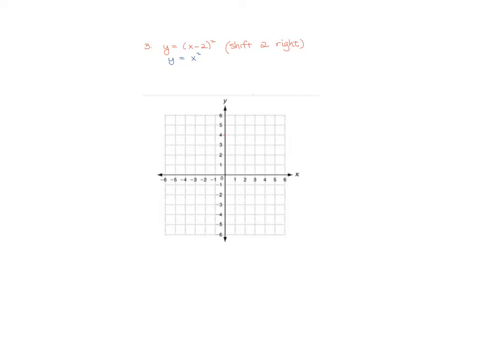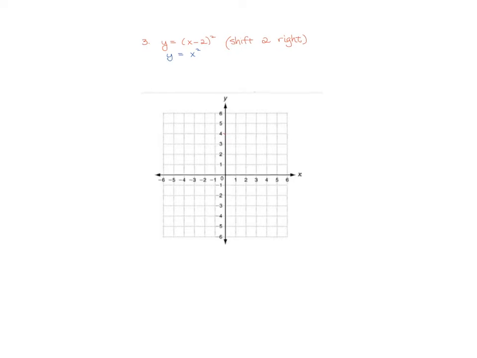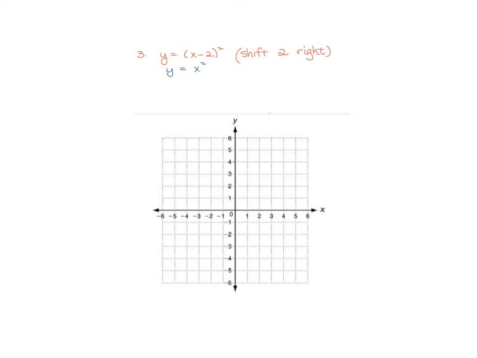The next example, notice that it's subtracting 2, however it's in parentheses, and when it's in parentheses, it's either a shift left or right. When it's subtracting a number, it's a shift to the right. When it's adding a number, it'll be a shift to the left. So notice this is minus 2, so it's going to be 2 units to the right.